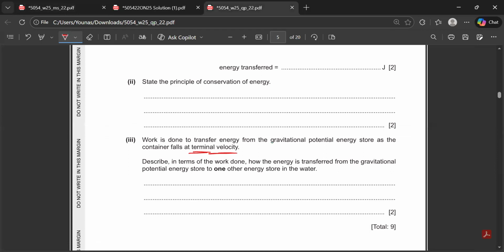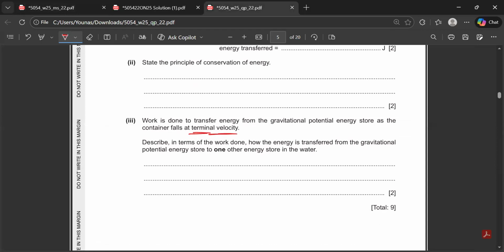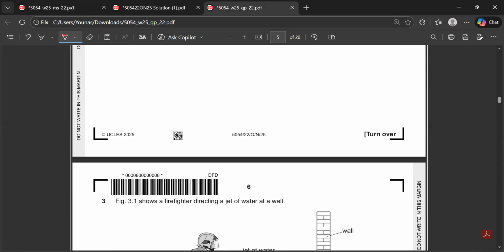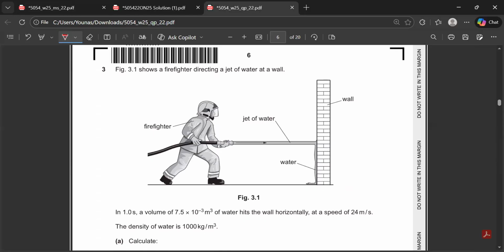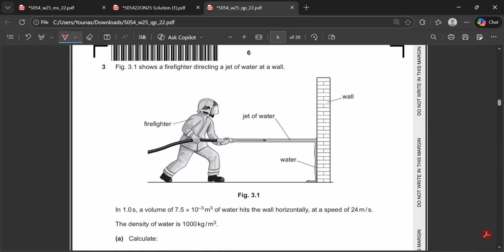Okay, so that was question number two. Now we are done with question number two, and we are going to the next question. This is question number three. It says, figure 3.1 shows a firefighter directing a jet of water at a wall.